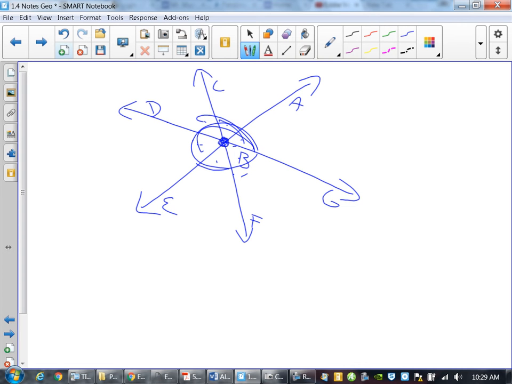Does that make sense? So with angles, you'll never be wrong if you use 3 letters. You could be wrong if you use 1 letter. You will always be wrong if you use 2 letters, because angles aren't segments, and segments aren't angles.